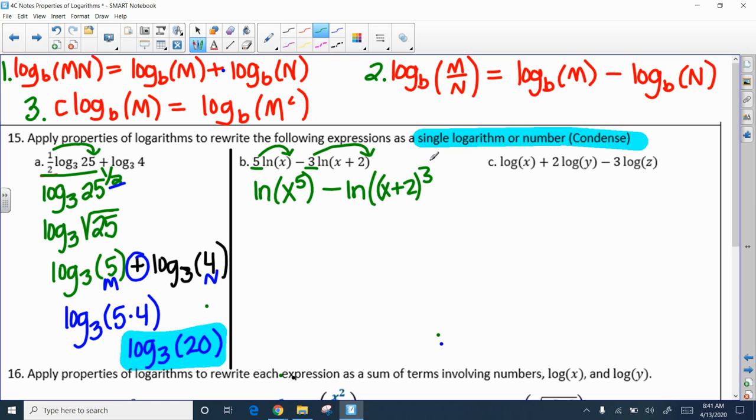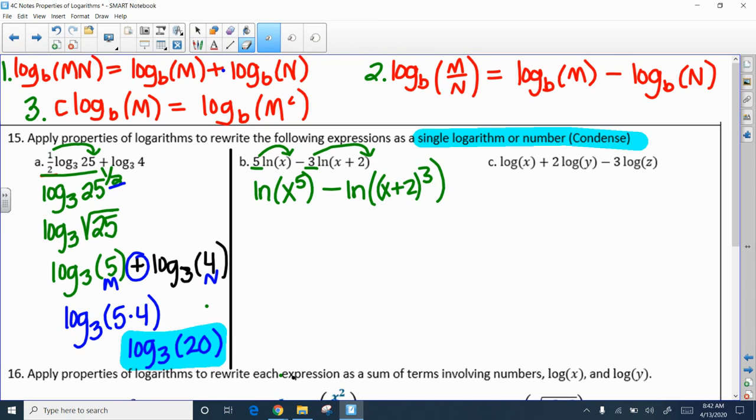There's several ways we could write that. You don't really need the parentheses around the x plus 2 cubed, but you do need parentheses around the x plus 2 part. So the x plus 2 has to stay in parentheses, and that part is cubed.